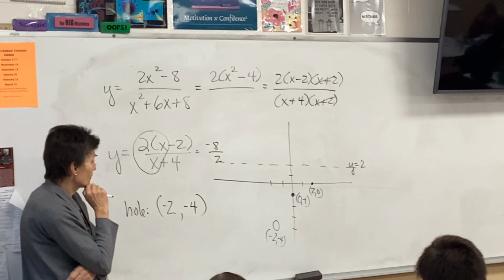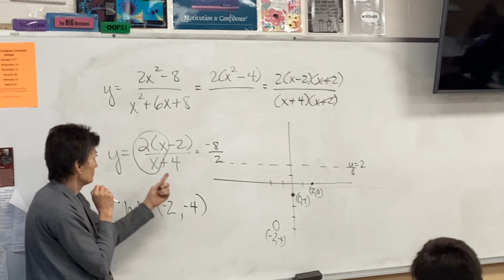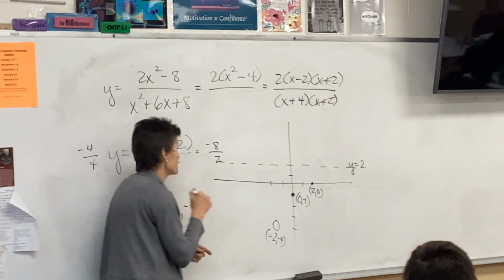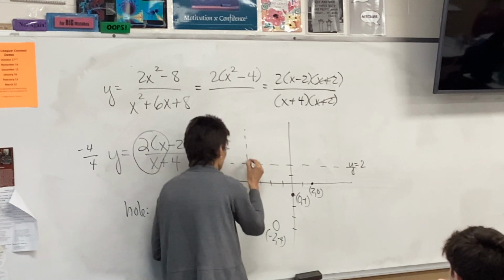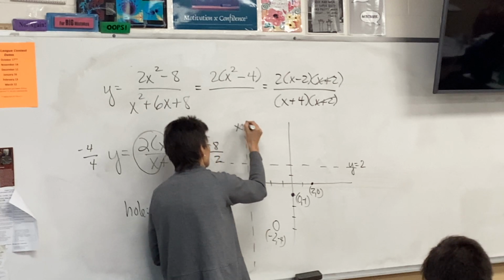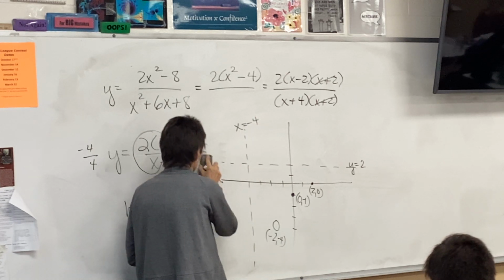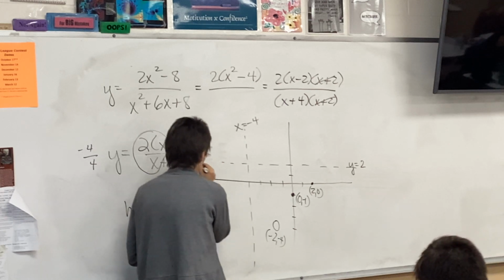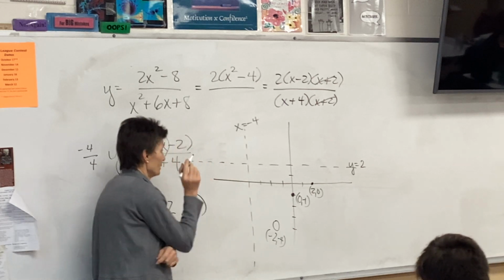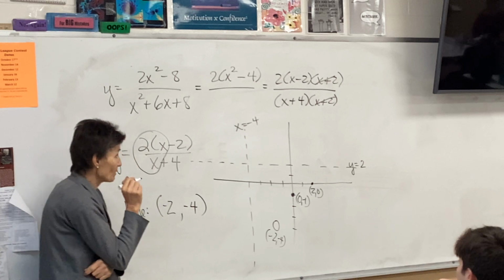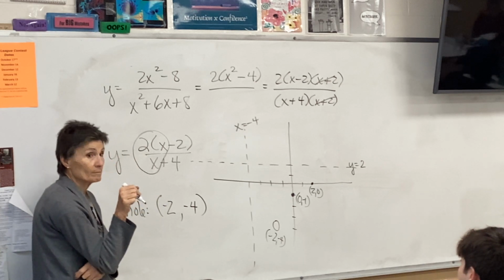And where's my vertical? x equals -4. All right, and that's everything. Every blank should now be filled in.